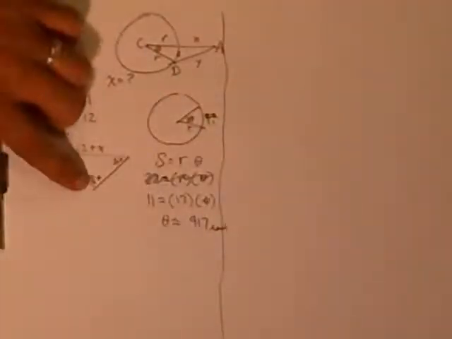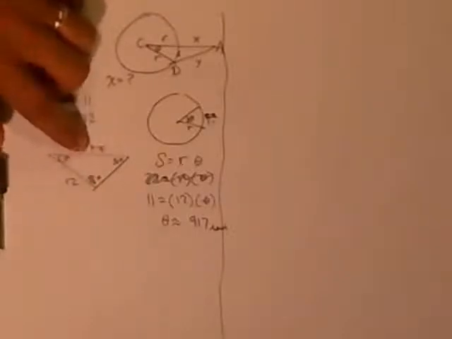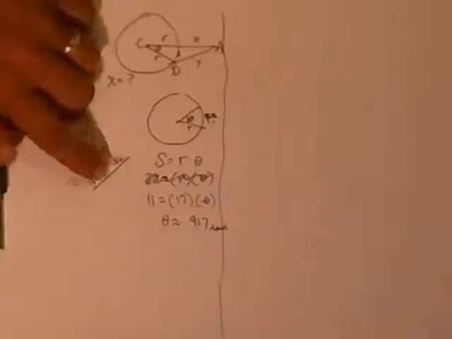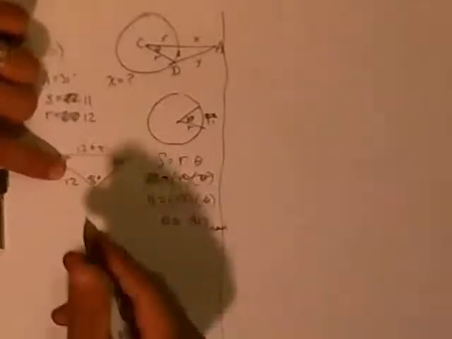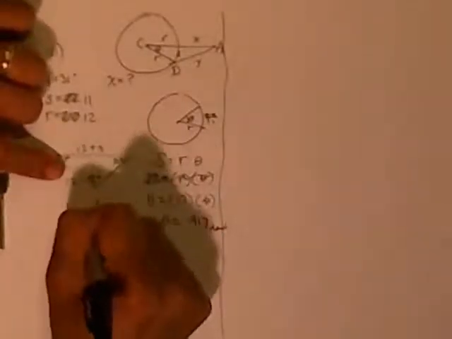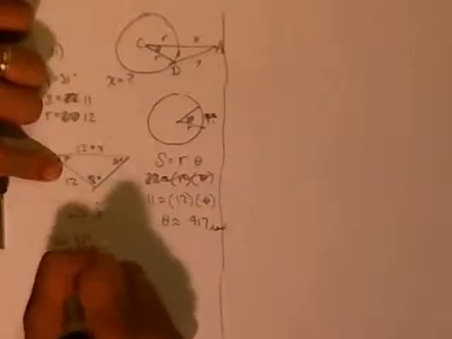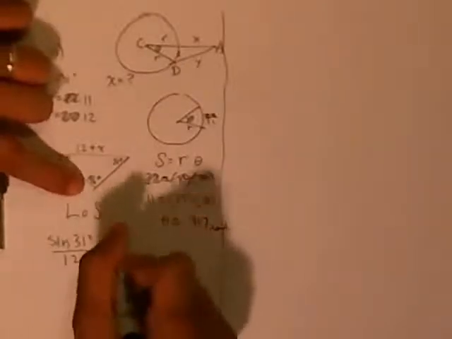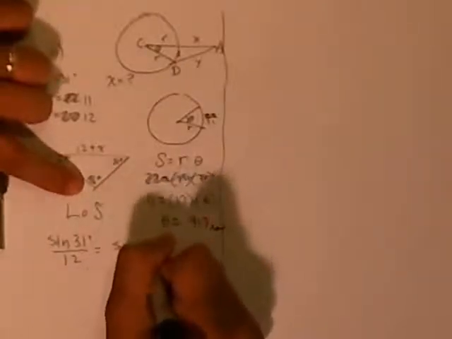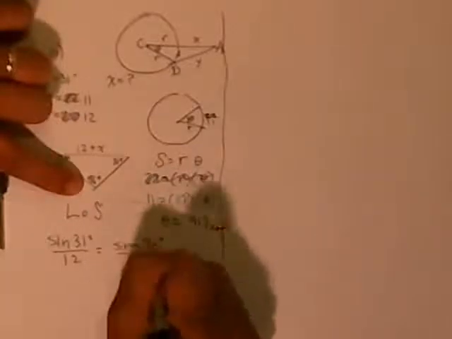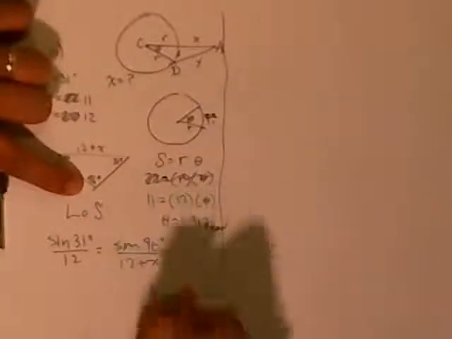So we have this length, angle, that length, this angle, this length. So we're going to use the law of sines. Sine of 31 degrees all over 12 is equal to the sine of 96 degrees all over 12 plus x.